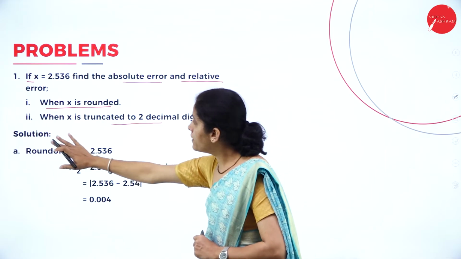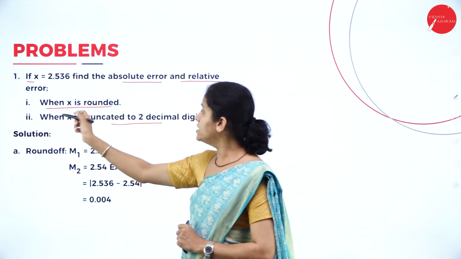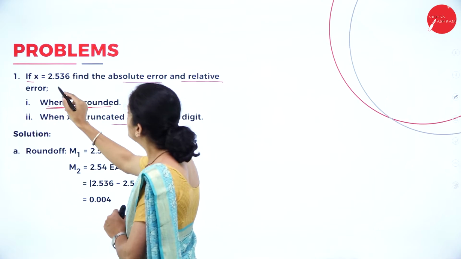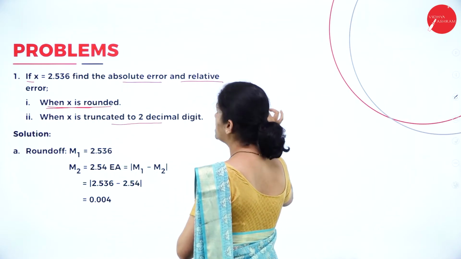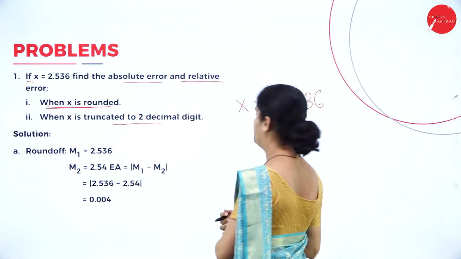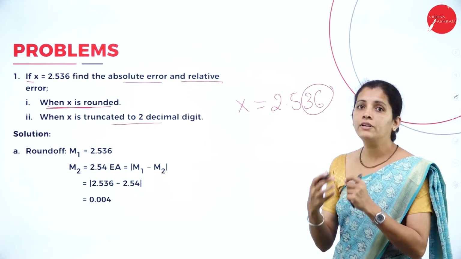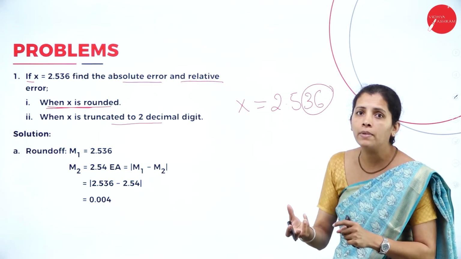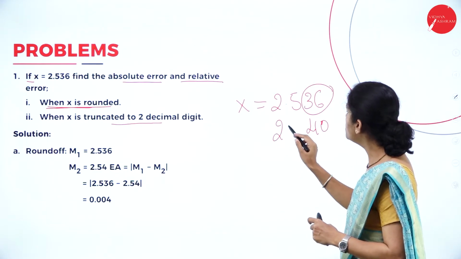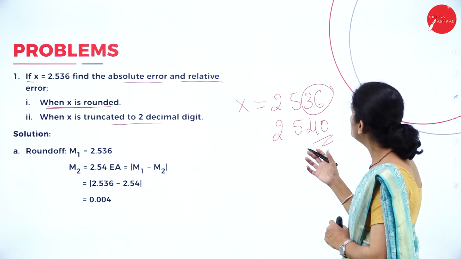What is my first condition? When x is rounded. Dear student, x equals 2.536. If I round 36, what is the nearest number after 36? That is 40, so it is 2.540.